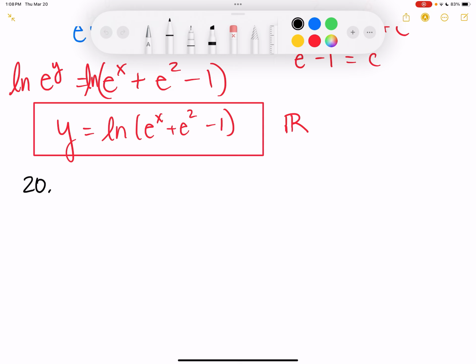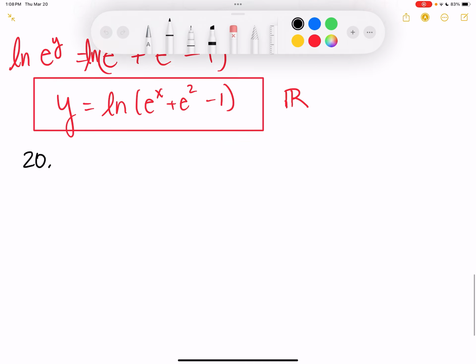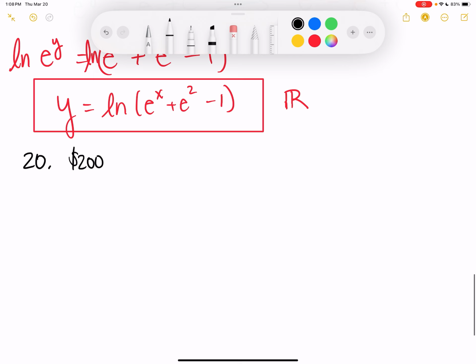That's next chapter. Find the amount of time required for a $2,000 investment to double. So what is this, like double life? No, this is interest.